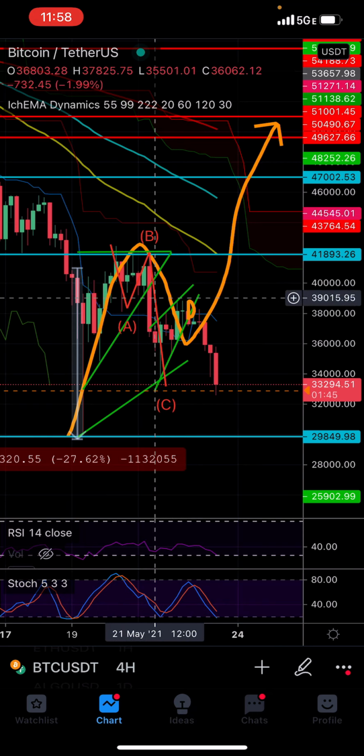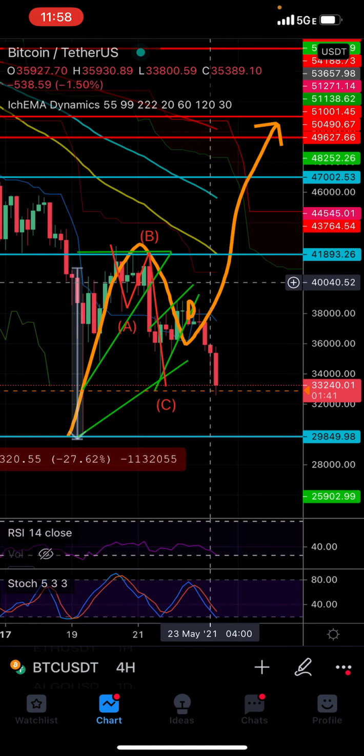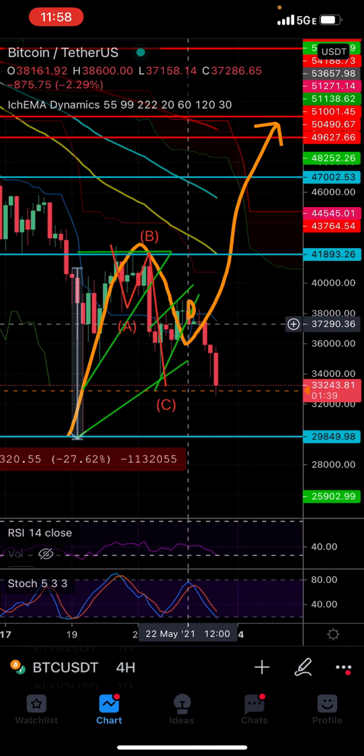I predicted that as we were moving sideways, we would dump at that line if we didn't break above one of my key levels, part of what I call my Ichimoku dynamic model. So I said if we don't break above that Ichimoku dynamic resistance, we're going to dump at that circle, and sure enough, we did. So my model's been on point short term.